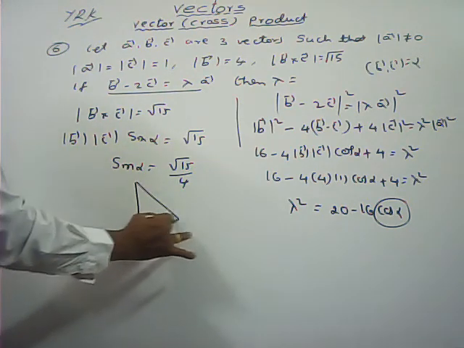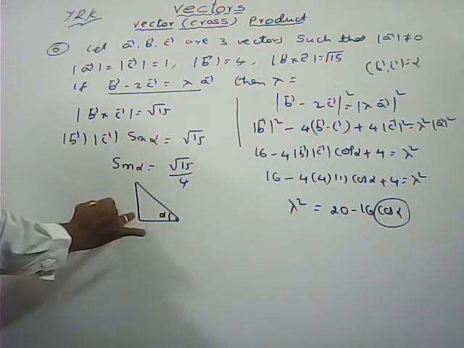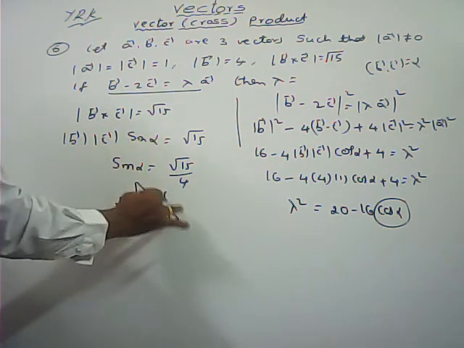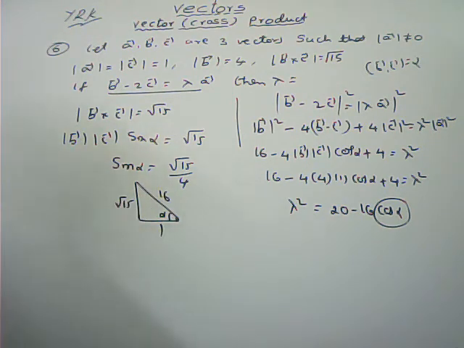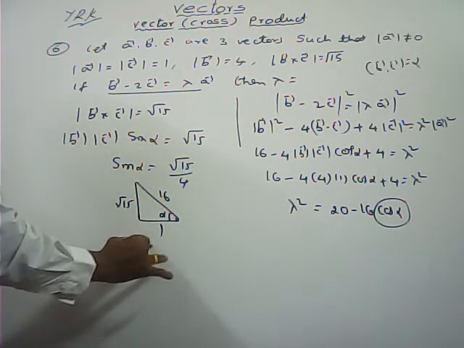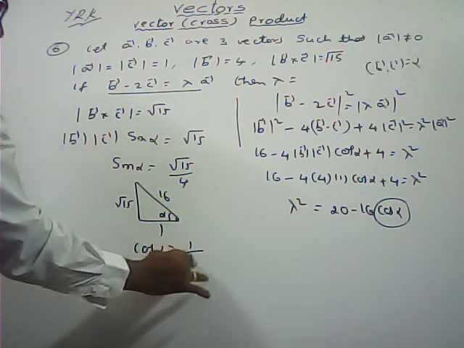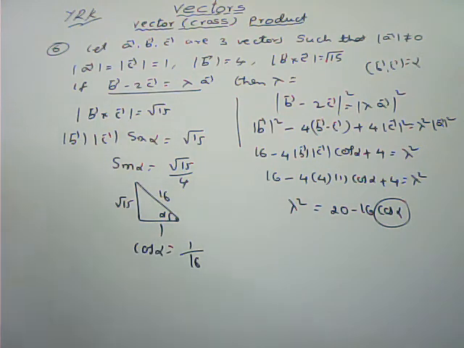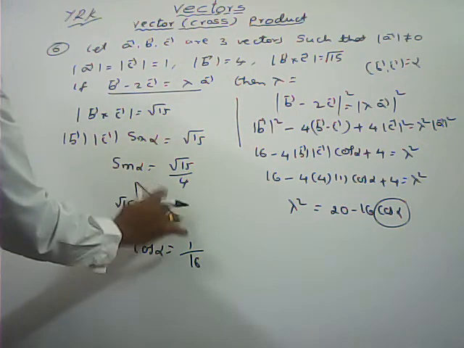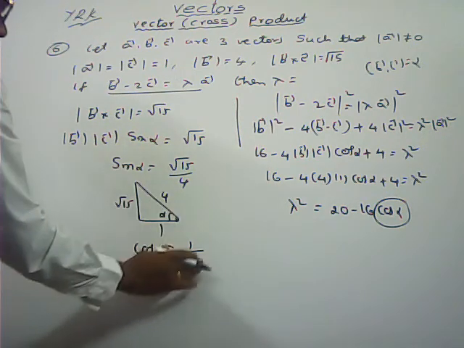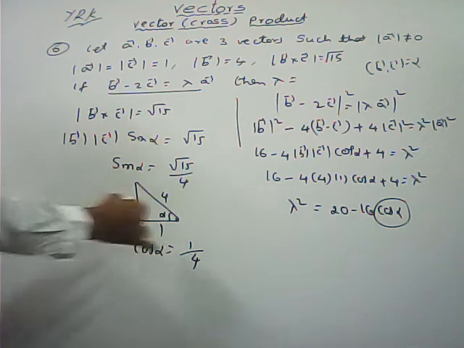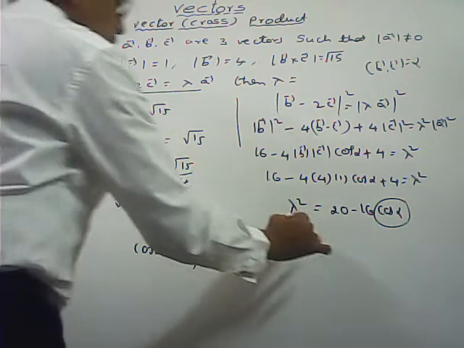Sine is opposite by hypotenuse; 16 minus 15 is 1. So from this triangle, cos alpha is adjacent side by hypotenuse. Sorry, this is 4. So cos alpha is 1 by 4.